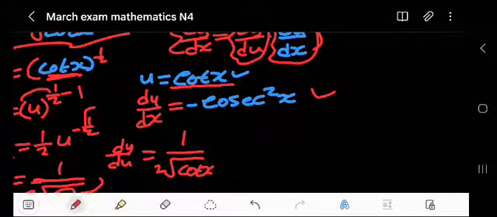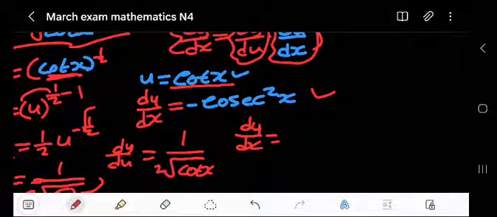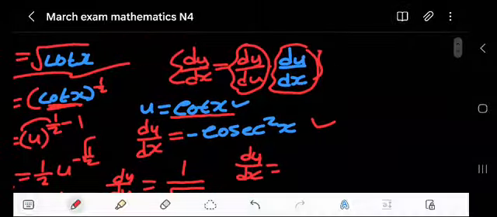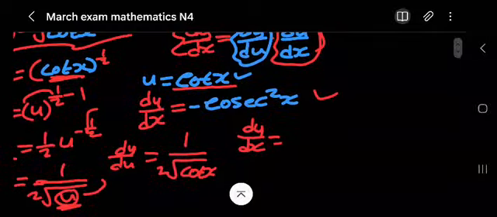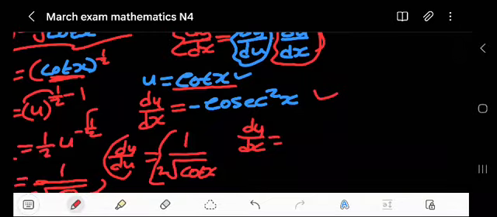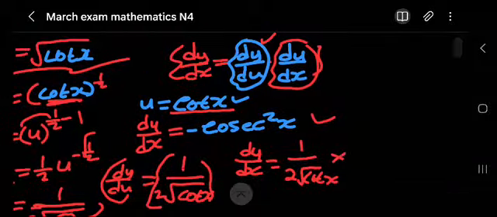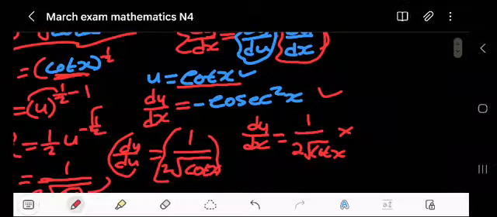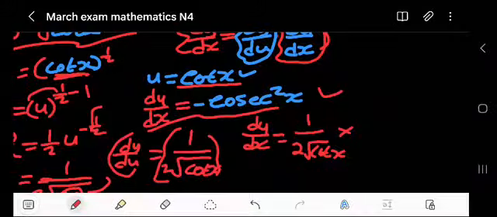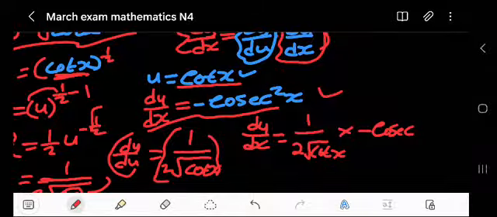We want dy over dx, which is equal to dy over du times du over dx. dy over du is 1 over 2 root cot x, multiplied by du over dx, which is negative cosecant squared x.